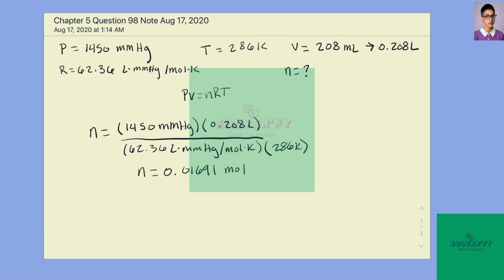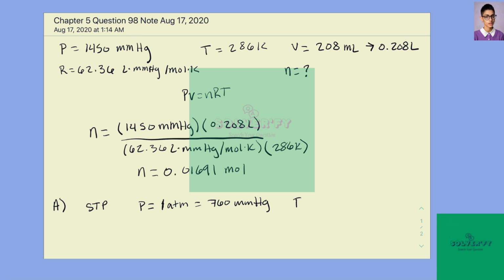Alright, so for part A, they're wanting us to find this at standard temperature and pressure. So standard temperature and pressure is, our pressure is equal to 1 atmosphere. And 1 atmosphere is also equal to 760 millimeters of mercury.